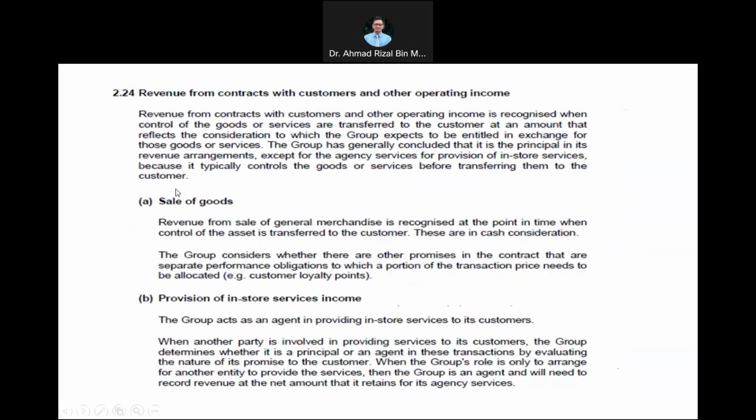So in this case, for 7-Eleven, it is not just sale of goods. It also includes the provision of in-store services income. Some stores do provide certain services, such as photo stating and whatnot.